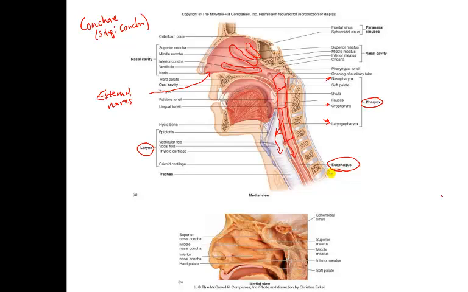There's a clinically important aspect of the pharynx, and it's this structure here. It's called the soft palate. So if you put your finger in your mouth and touch the roof of your mouth, it's hard and bony. That's this stuff here. That's the bony palate.